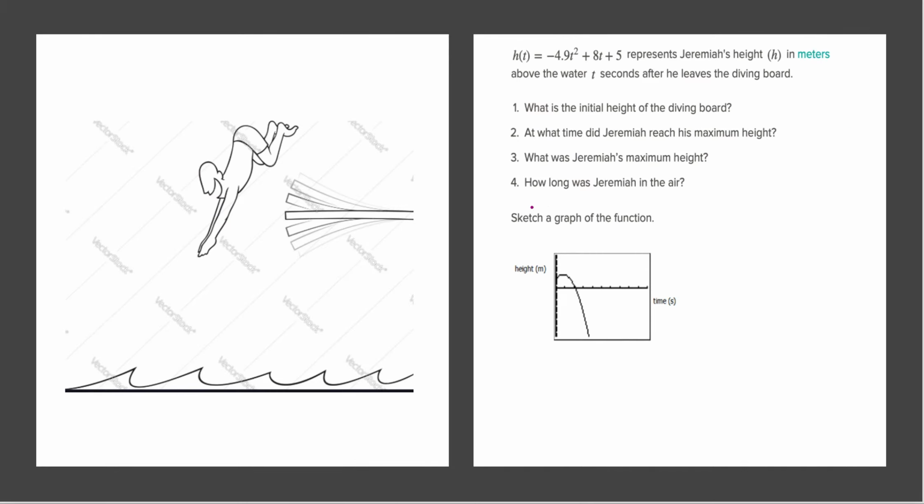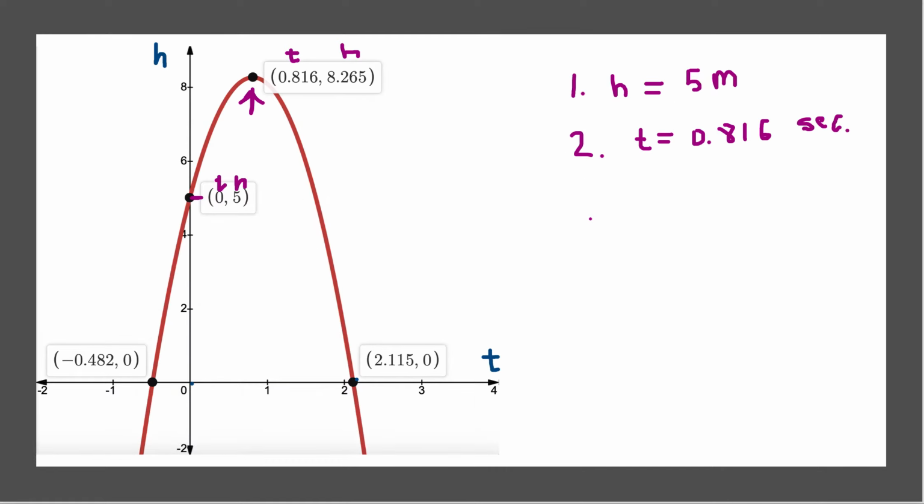Question 3, what was Jeremiah's maximum height? Here it is asking for the maximum height. As I said, the second coordinate represents the height of Jeremiah. The height was 8.265 meters.